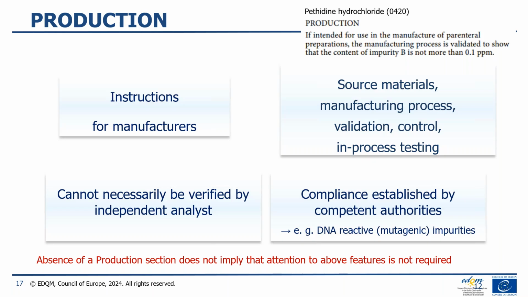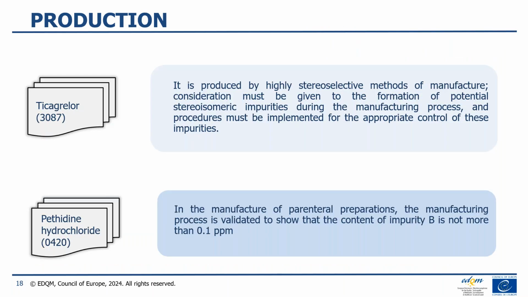Let us see together two examples. In the case of the ticagrelor monograph, particular attention is paid to the formation of stereoisomeric impurities. In this case, the manufacturers have to implement suitable procedures for the control of those stereoisomeric impurities.